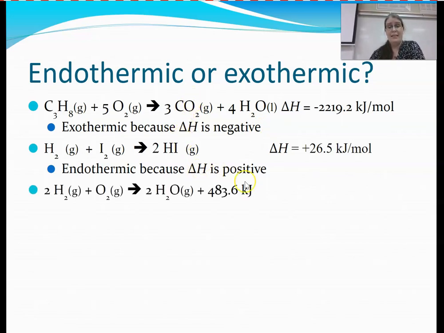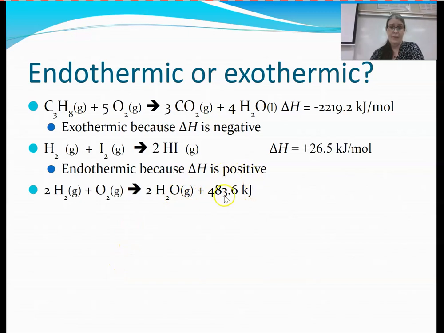The other way we can see this is to write it actually into the reaction itself. And then I have to think, is this energy, this kilojoules, are they leaving the reaction like a product leaves the reaction? Or is it going into the reaction like a reactant?